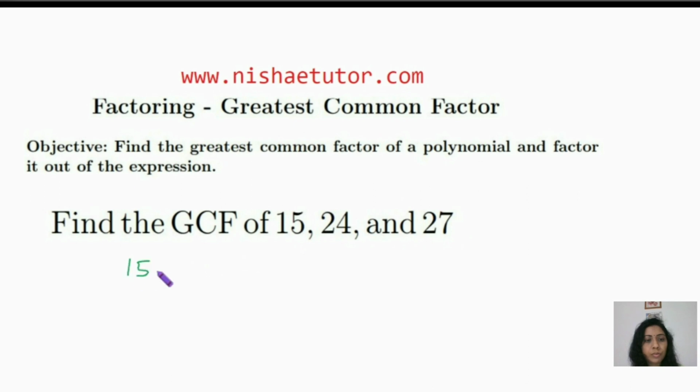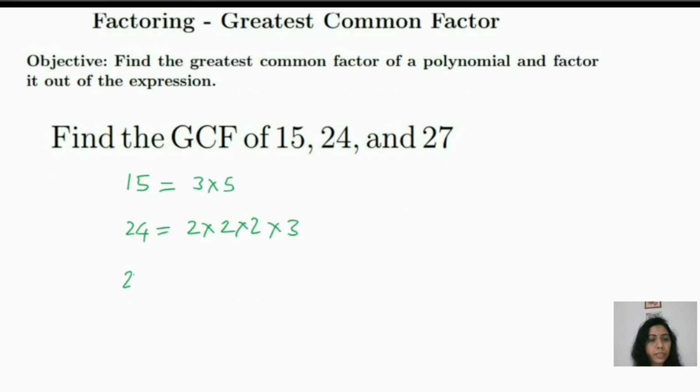Here you need good knowledge about prime numbers. So we have to factor into prime numbers. 15 is 3 times 5, and 24 is 2 times 2 times 2 times 3: 2 times 2 is 4, 4 times 2 is 8, 8 times 3 is 24. Now 27 equals 3 times 3 times 3.